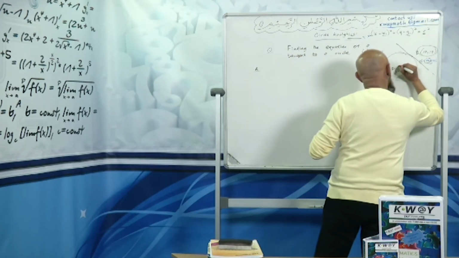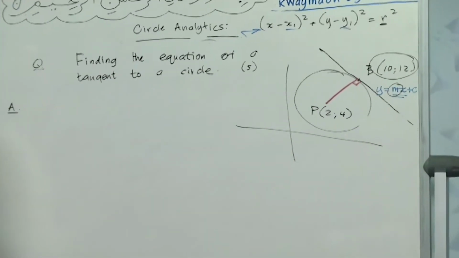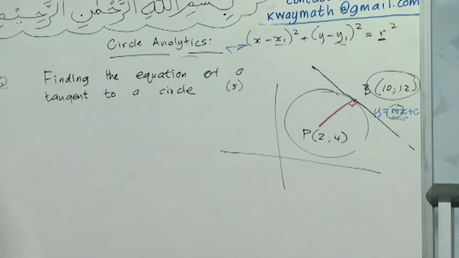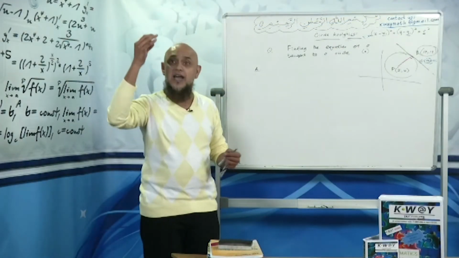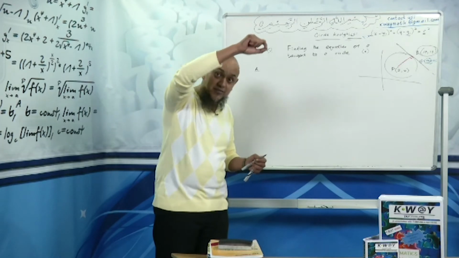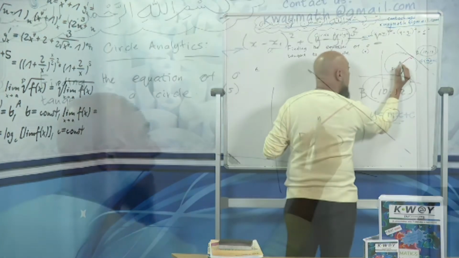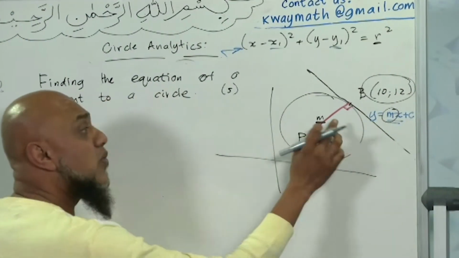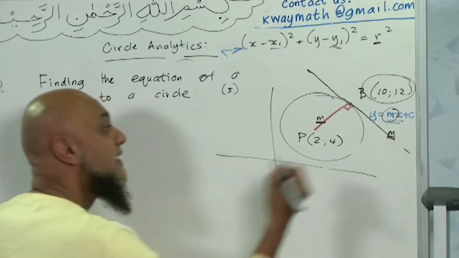Obviously, we know from our rules of geometry that a radius is always perpendicular to a tangent. It's a geometric rule, a theorem: a line drawn from the center of a circle to a tangent meets it at 90 degrees. So common sense tells you we can first find the m of the radius. Once we find the m of the radius, we can then find the m of the tangent.